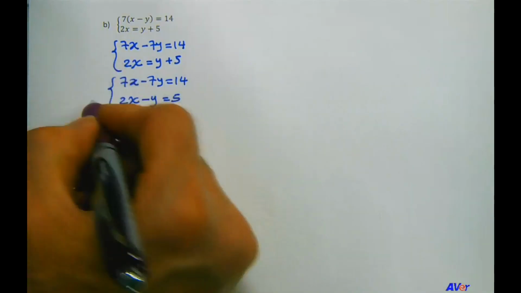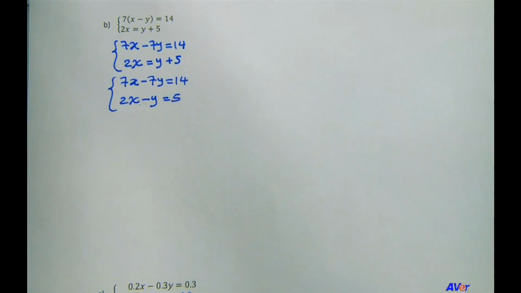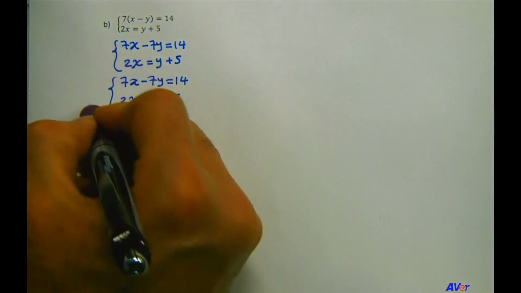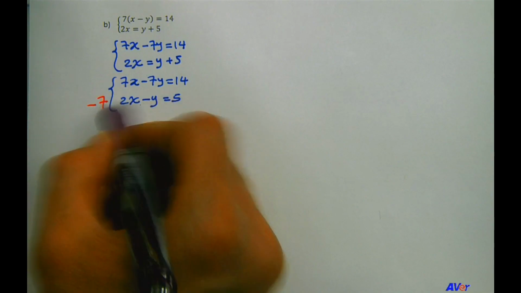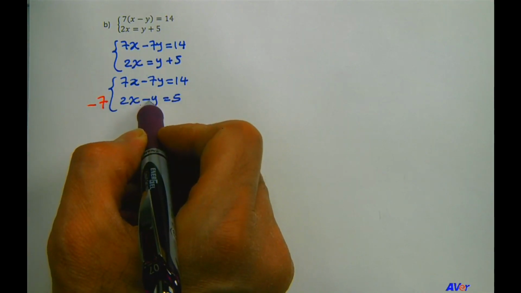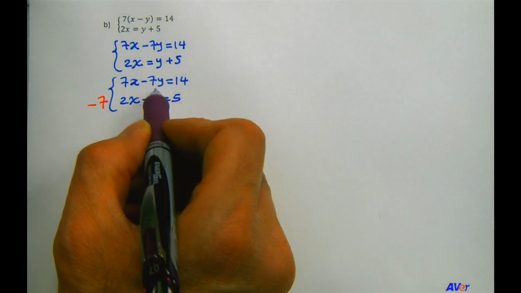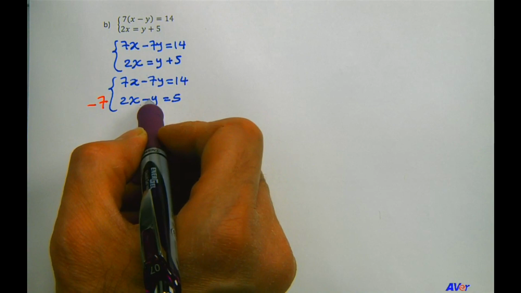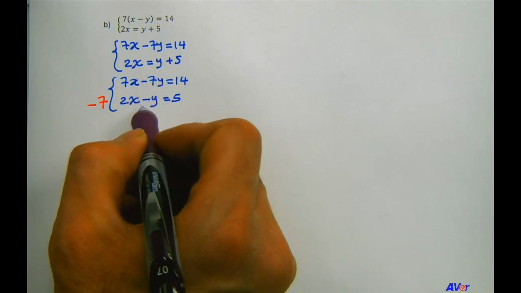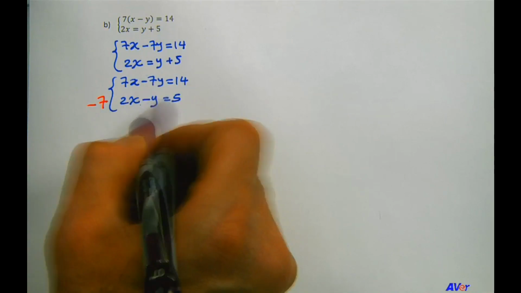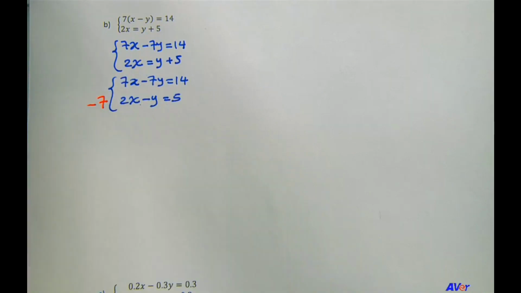Do you see what term that is? Minus 7, right? Minus 7 times minus y will produce positive 7y, which means the y term here will have equal but opposite coefficient compared to that, which means then we can add them and cancel the y terms. So let's do it.